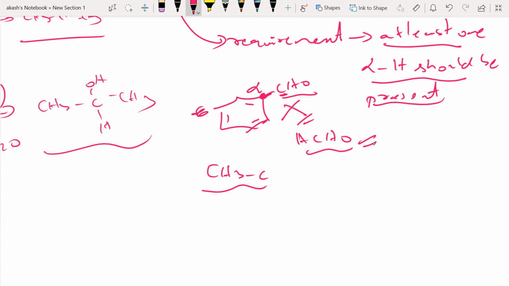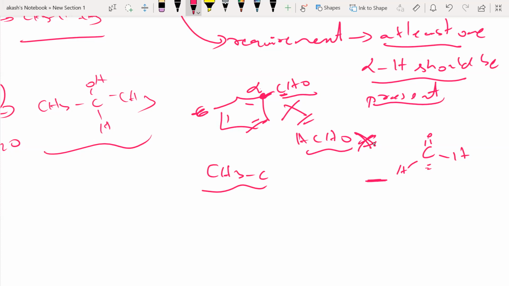No. You understand that this is its structure. First of all, there is no alpha carbon at all, there is only one carbon. The carbon atom next to the carbonyl carbon is the alpha carbon, and the hydrogen atoms present on that alpha carbon are called alpha hydrogens. There is no alpha carbon at all, so definitely this is not going to give any aldol condensation.